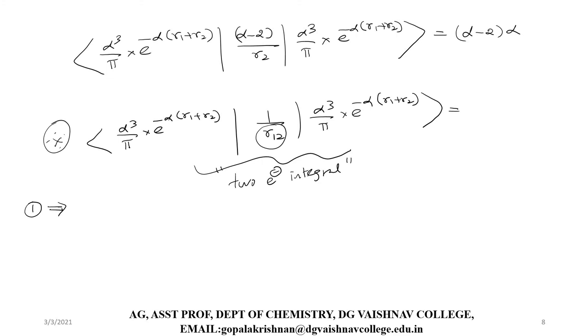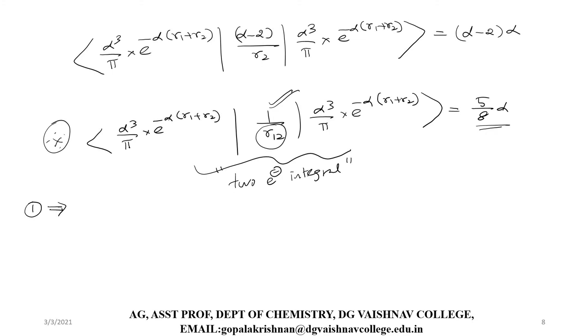We have an idea to solve this integral, but I am not going to do that. I am going to give you the final answer of this integral value, which is 5 by 8 alpha. Remember, the 2 electron integral value having the operator 1 by r12 is 5 by 8 alpha, always. Keep this in mind, very very important.